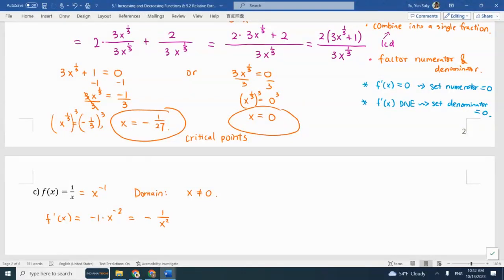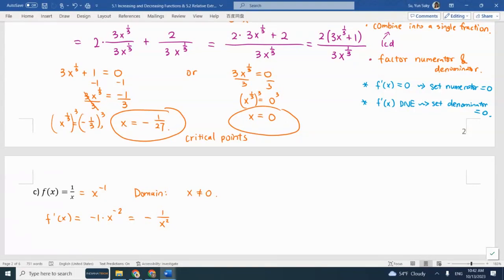Right, everybody? Do you see we only have a single fraction? Unlike the previous problem, where we had 2 terms we needed to combine, here the good thing is we only have 1 term. So just leave it like that. Yes, everybody? And then remember, if you have a fraction, the numerator equal to 0 corresponds to the derivative is 0.